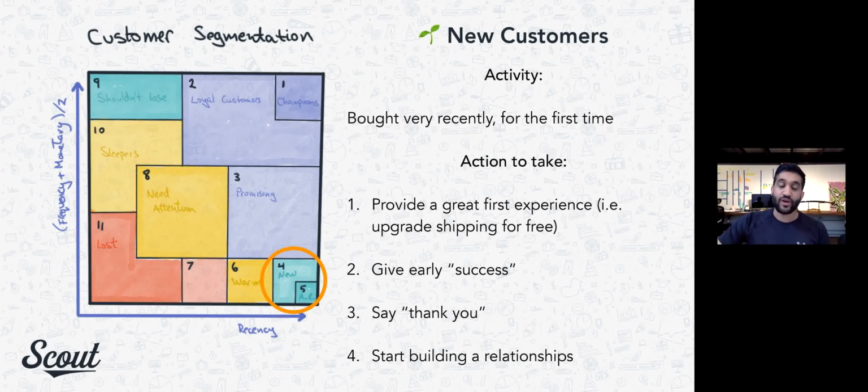Next up, new customers. So this is probably the number that is going to be filled up most frequently, right? Everyone is going to start in this category. Every single customer that you have and ever have had was at one point or currently is in this category. And so this is one that you should really think about closely, because it's going to determine where a customer is going to go.